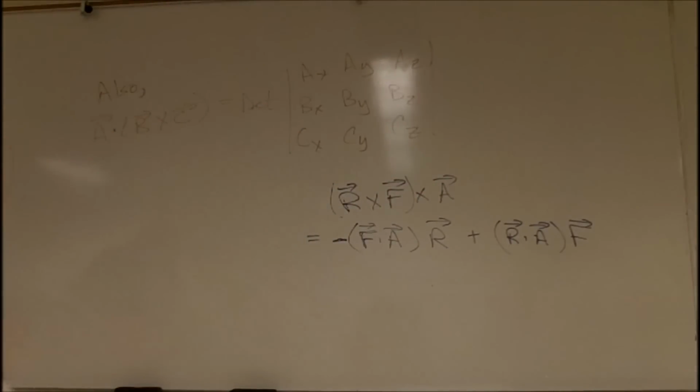There is a table of vector identities, I think, in the front cover of your book, or maybe in the back cover instead. And they are things you're occasionally going to have to use when you're working a problem. And so the back cab rule that I just showed you is one of them, and I think this one right here is listed as another one of them. So just be aware you can use those things if you need them.